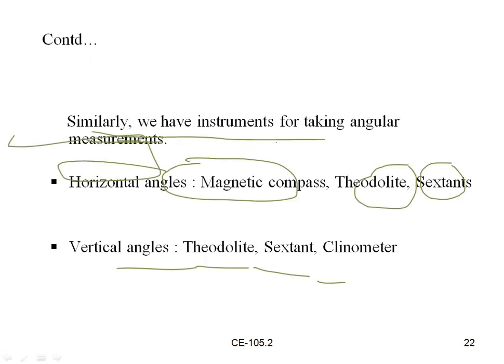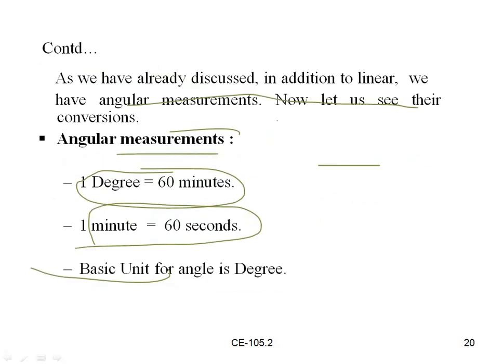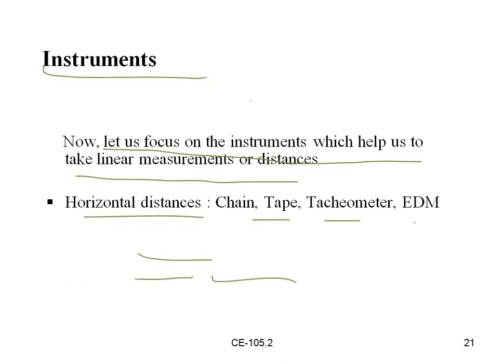So finally, these are the particulars regarding surveying. Surveying is very useful for civil engineering. With the help of surveying, we can do the measurements and calculate the items also. Here 1 degree is equal to 60 minutes, and 1 minute is 60 seconds, so the basic unit for angle is the degree. What instruments are we using?